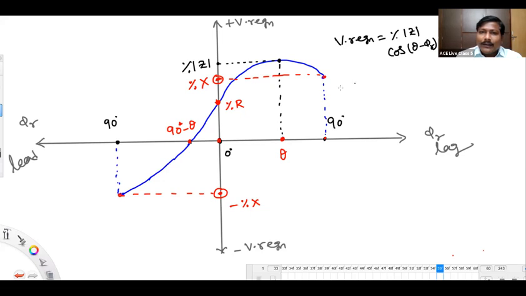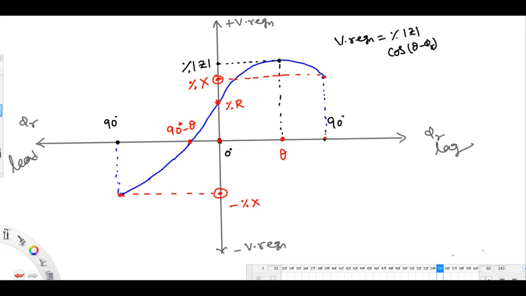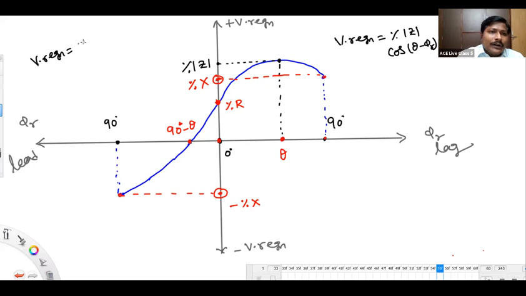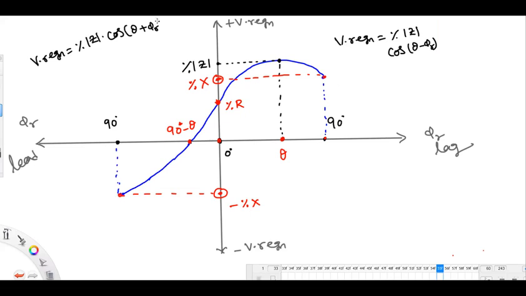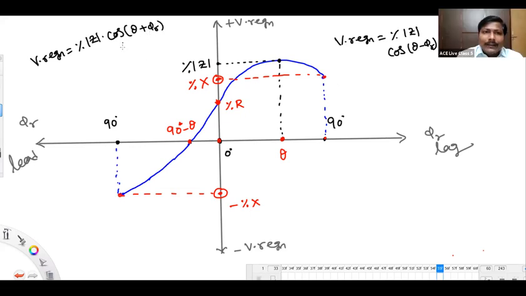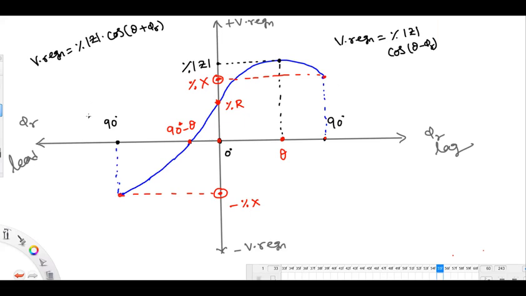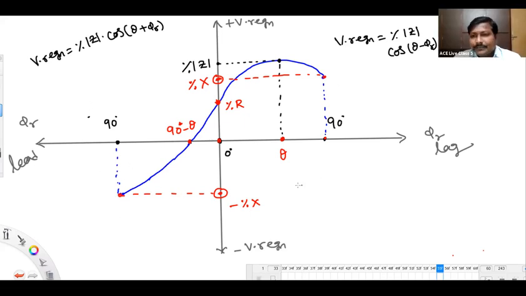Z sin theta is percentage X. In case of the leading side, it is percentage Z cos of theta plus phi r. If phi r equals 90, cos 90 plus theta gives minus sin theta. So it will be minus percentage X for the 90 degree leading side. Yes, sir. Okay, sir.